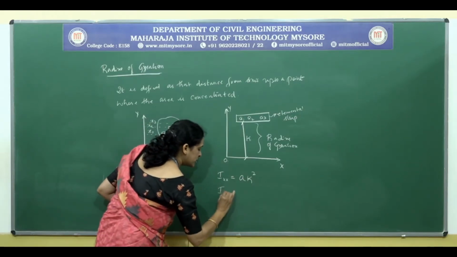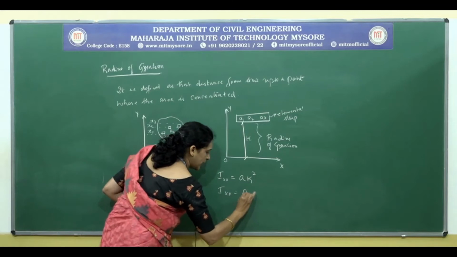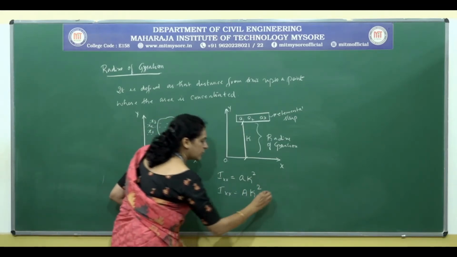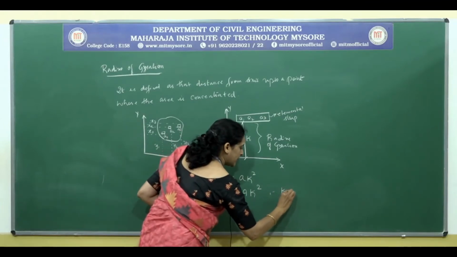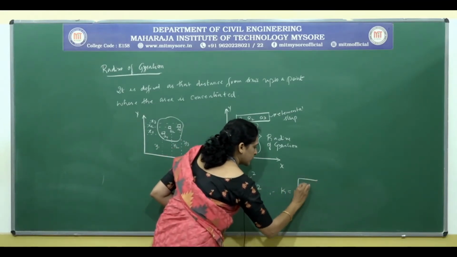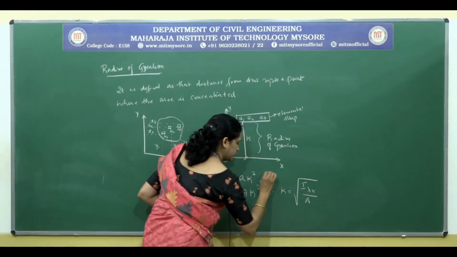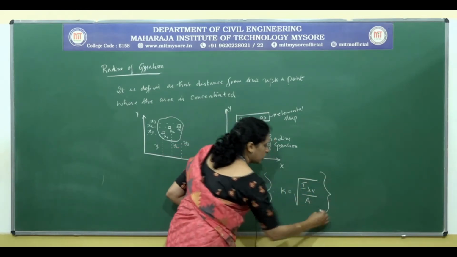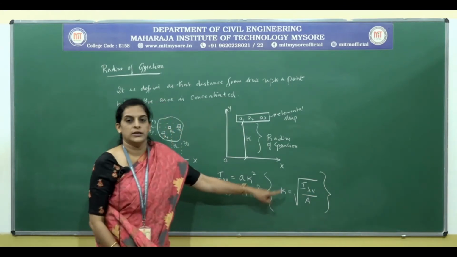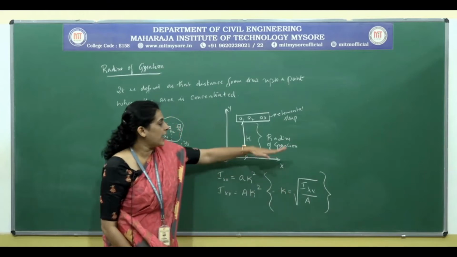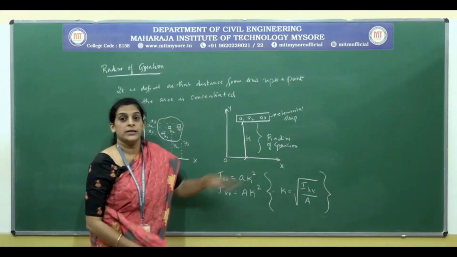So, if we sum up all the areas, again it will be A into k square, while k can be written as square root of Ixx by A. So, this is the radius of gyration considering x as the reference axis.